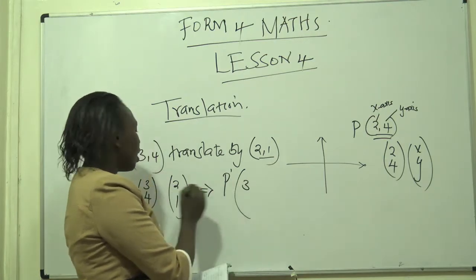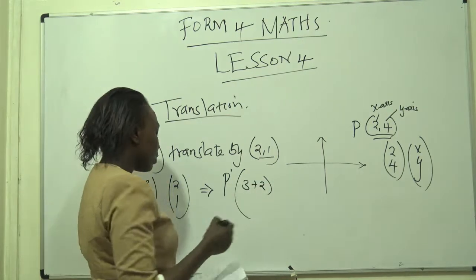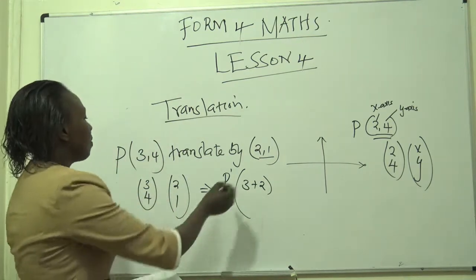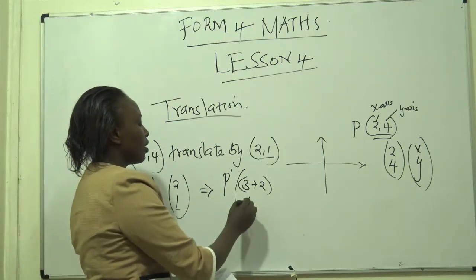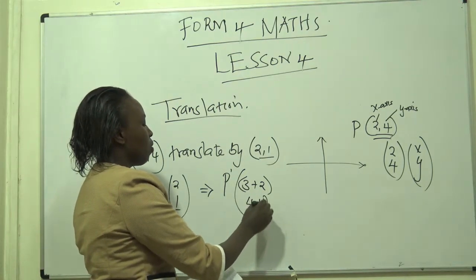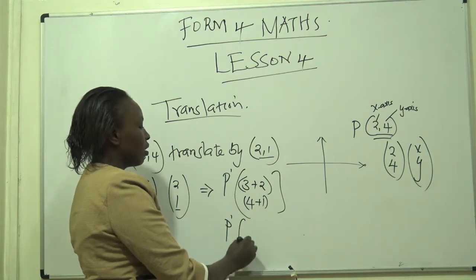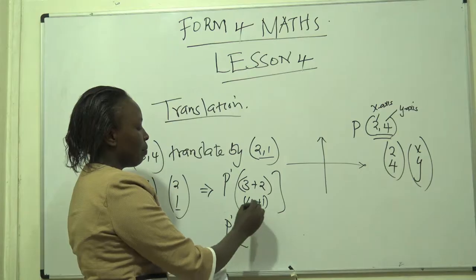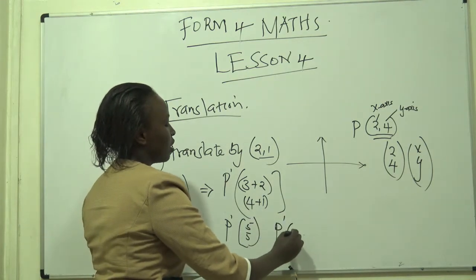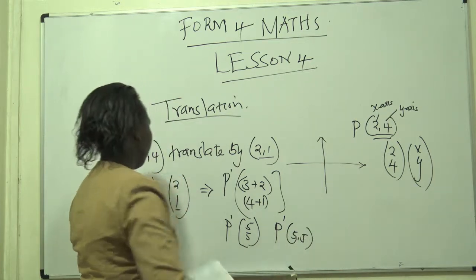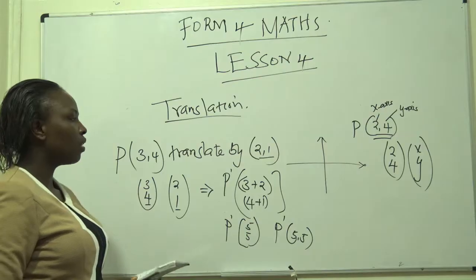We take 3 and add 2. Then for the y, 4 and 1, that is 4 plus 1. Therefore our P prime would be 3 plus 2 you get 5, 4 plus 1 you get 5. So in other words, our P prime would be the point (5, 5). I want to believe that you've understood what you've done.